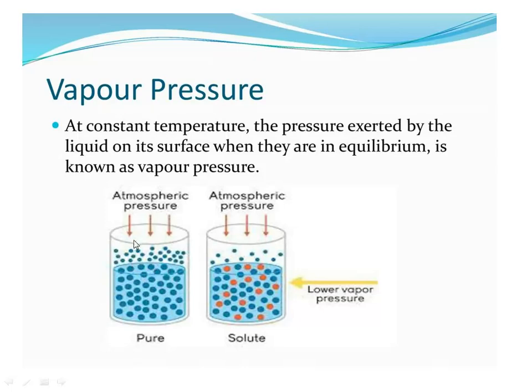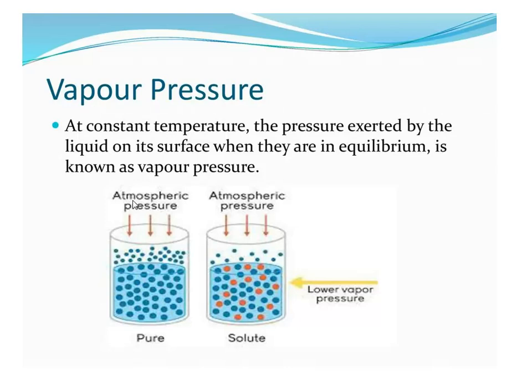Above that, when it is in equilibrium with atmospheric pressure, then we say it is vapor pressure. At constant temperature, the pressure exerted by the liquid on its surface when they are in equilibrium with atmospheric pressure is said to be vapor pressure. I think you understand the concept. Above the surface is atmospheric pressure. When this is in equilibrium with the pressure exerted by the liquid, that we say is vapor pressure. Right? So vapor pressure of a liquid, I think you understood.